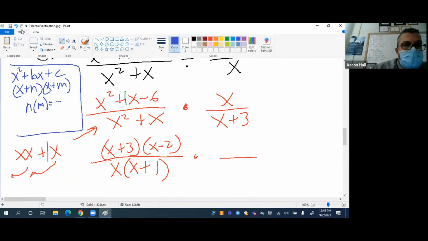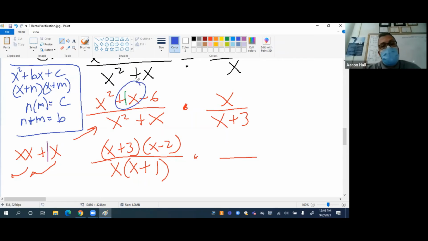To get me my c value, in this case, my -6. And when I add those numbers, they have to be what? They have to be the b value. In this case, it has to be 1. Does that make sense that those n and m values are 3 and -2?